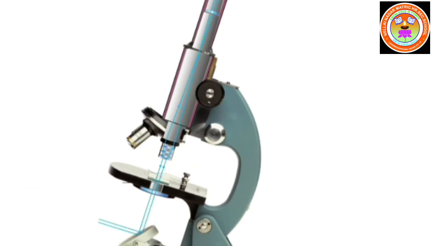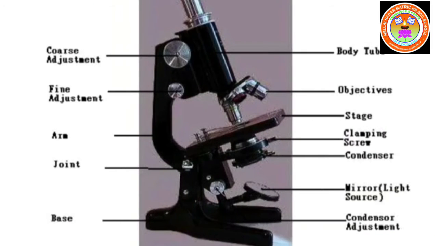So let me discuss the construction of the compound microscope. A compound microscope consists of two convex lenses. The lens with a shorter focal length, which is placed near the object, is called the objective lens. Have you understood, students?